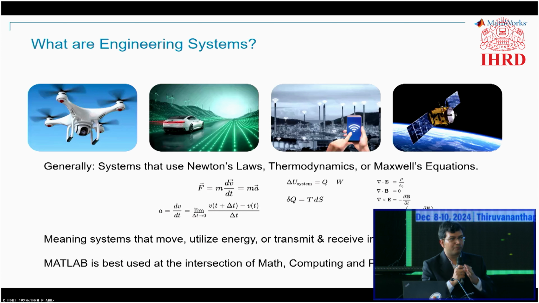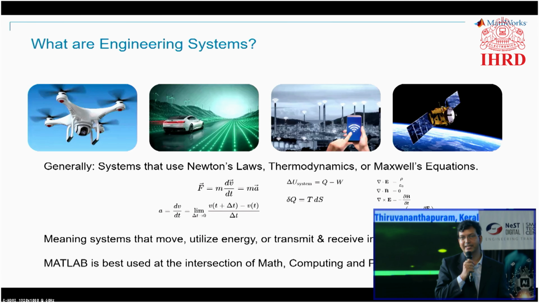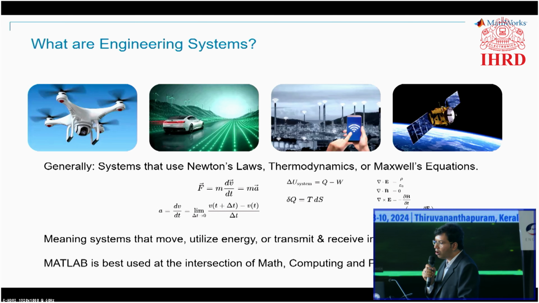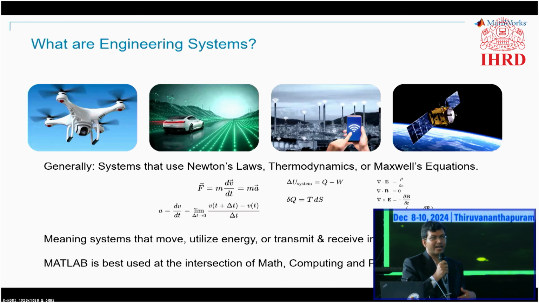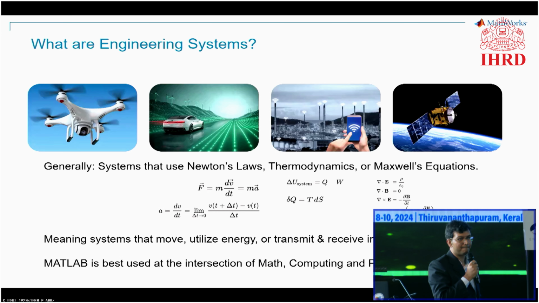So, we are all familiar with engineering systems, right? Any system that takes us from point A to point B, uses energy, or just something that transmits or receives information can be classified as an engineering system.